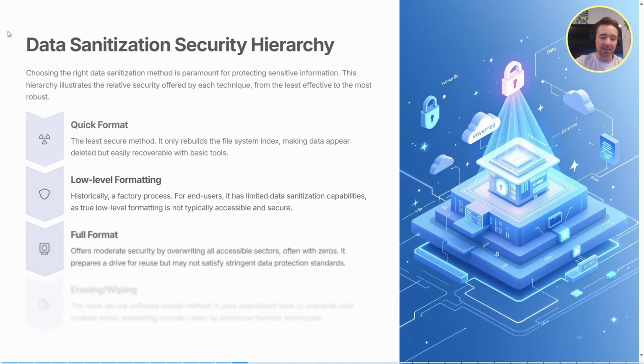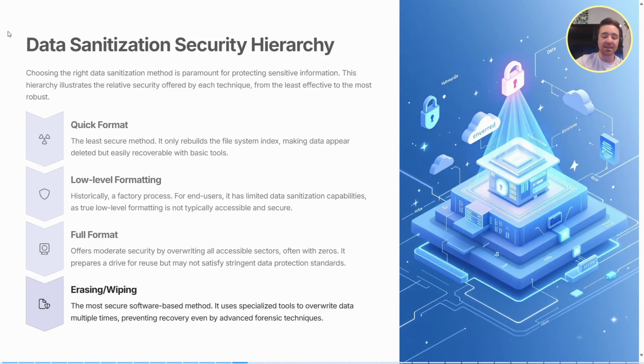Next is a full format, pretty secure. You're overwriting the data with zeros, okay? This is reasonably secure, but with specialized software, people may still be able to re-access your data, which is why for the most secure method, you want to be using erasing or wiping, which is the most secure software-based method. It is using specialized tools to overwrite the data multiple times.